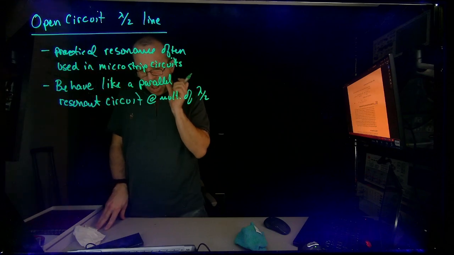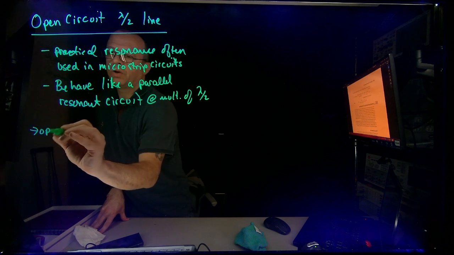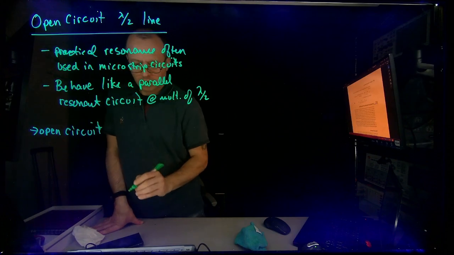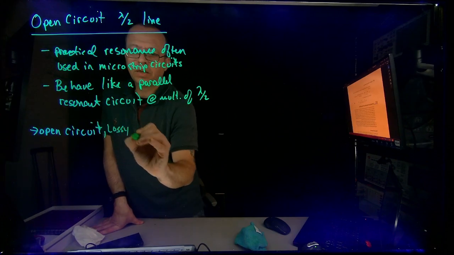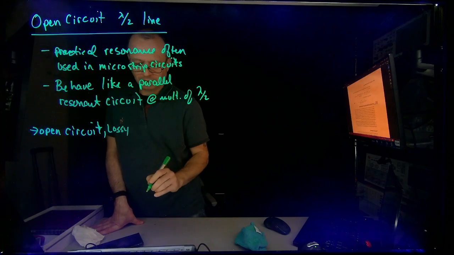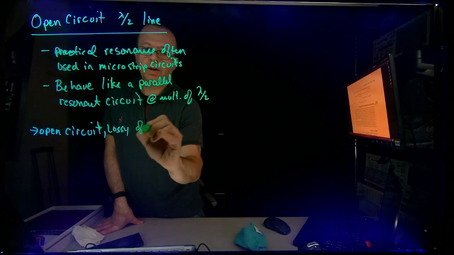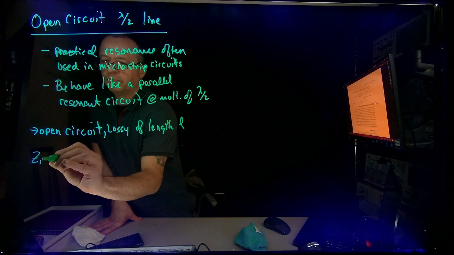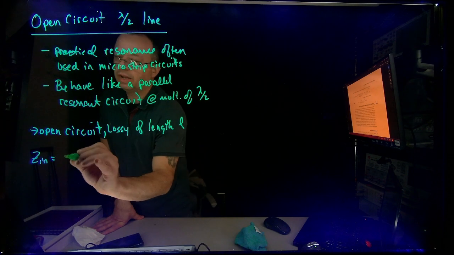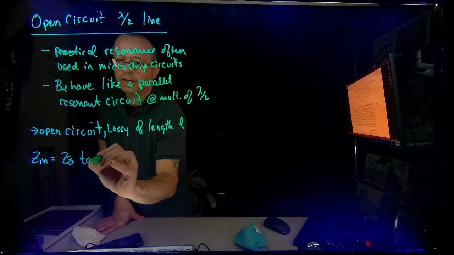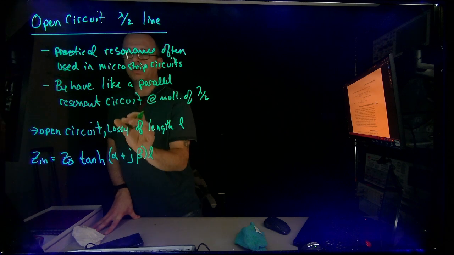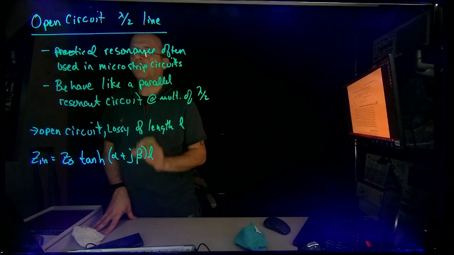Okay, so we're looking at open circuit, lossy, meaning but minimal loss, so not very lossy, of length L. So our input impedance for this type of a setup again is still Z0 hyperbolic tangent alpha plus j beta times L. So we're always starting with the same input impedance equation for all of these.